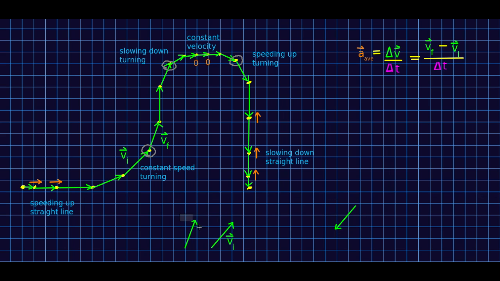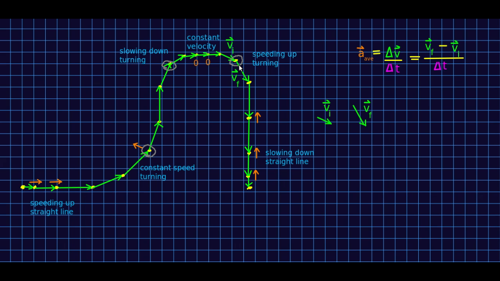And so now I'm going to take my VF and I'm going to add my negative VI to it. And my result points this way. And so notice if I just copy that over, it points inward into the curve, and roughly perpendicular to the direction that the object would be going right at this moment.